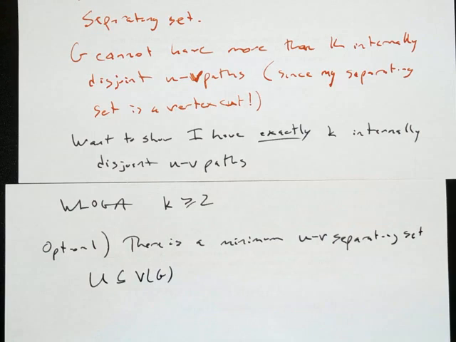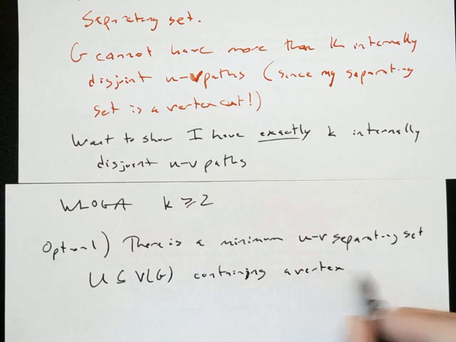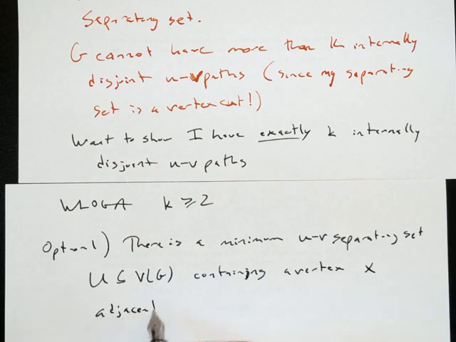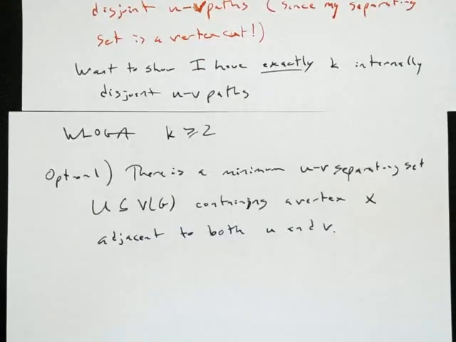Let's call our UV separating set capital U for the moment instead of S. And in this U, there's some vertex X. And that X is adjacent to both U and V. What does that tell you?